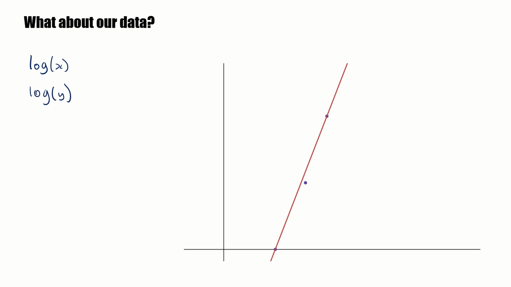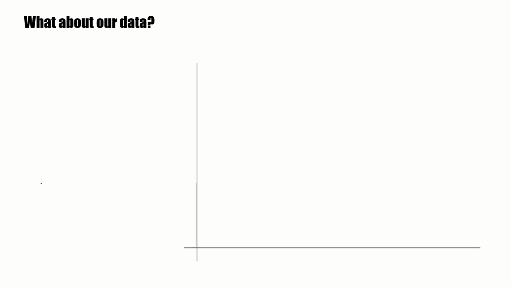So therefore, as plotting log of y against log of x has not formed a straight line, we know y equals a lots of x to the power of n is not a suitable equation of a curve for our original data. Whereas if instead we choose to plot the original x values with log of the y values, then the data will look like this instead.